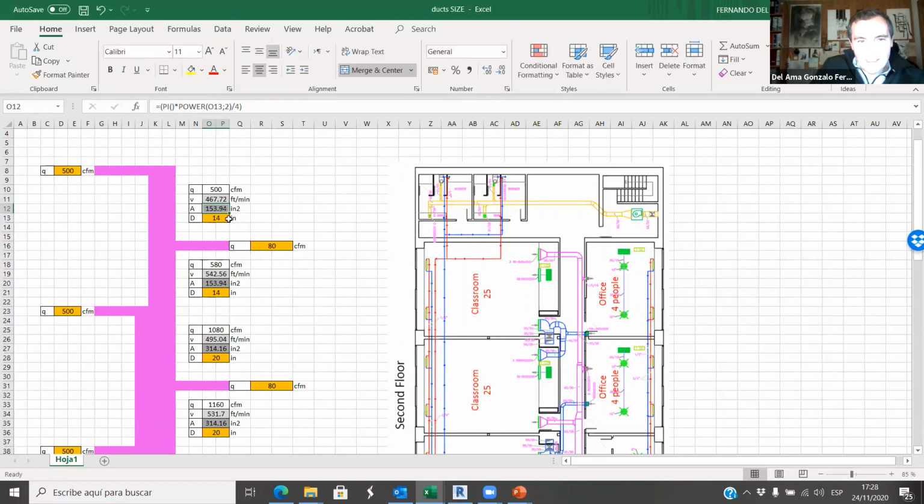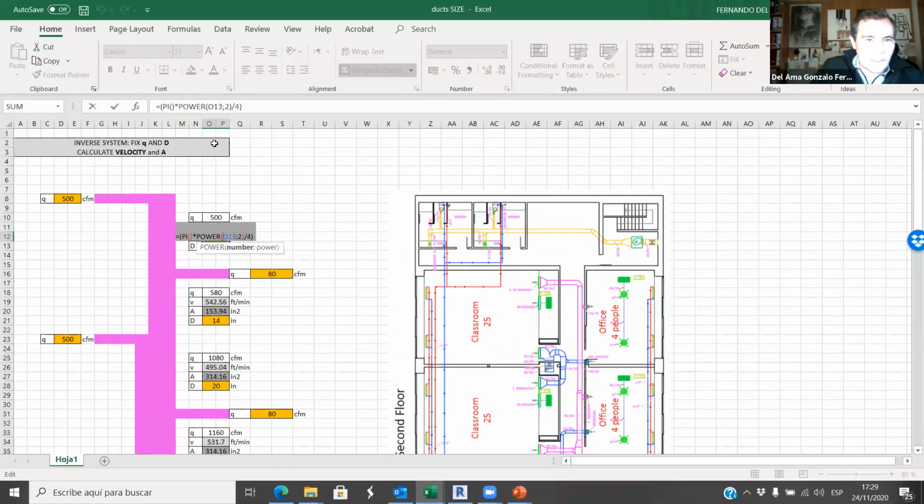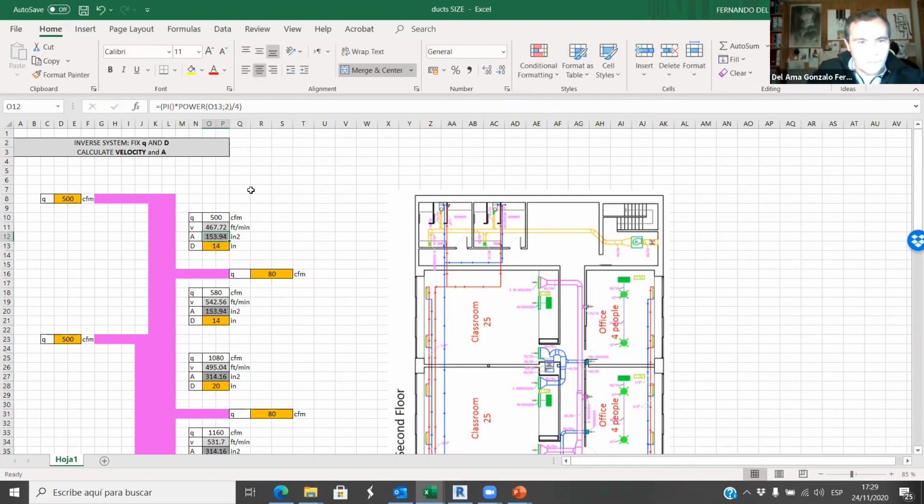So if we have a 14-inch diameter, the area is pi times the radius to the power of 2. Okay, so this is the area of a circle. If this is the diameter, the radius is half, and this is pi, the radius to the power of 2.